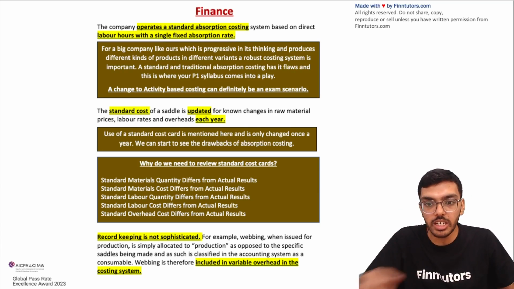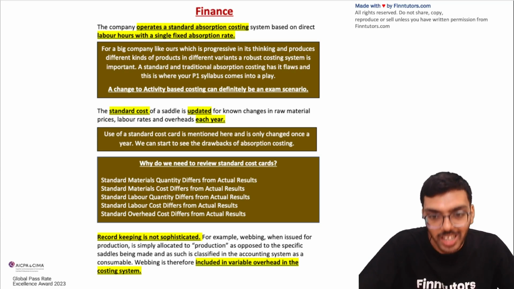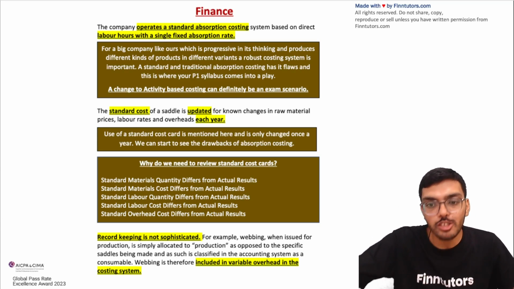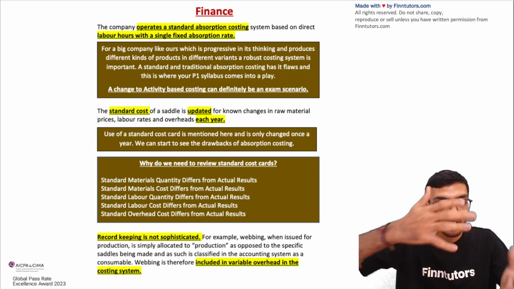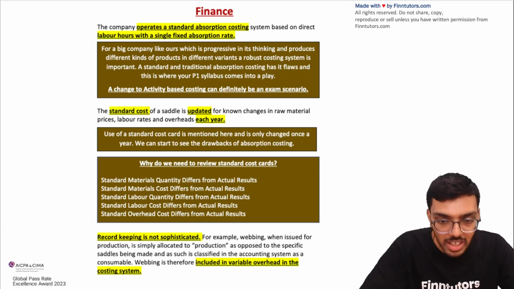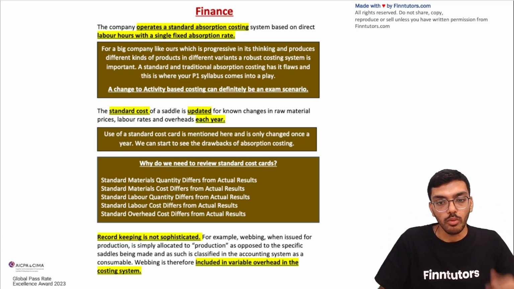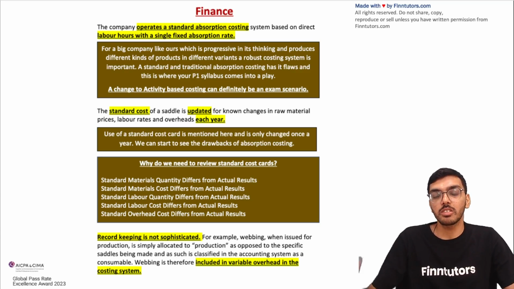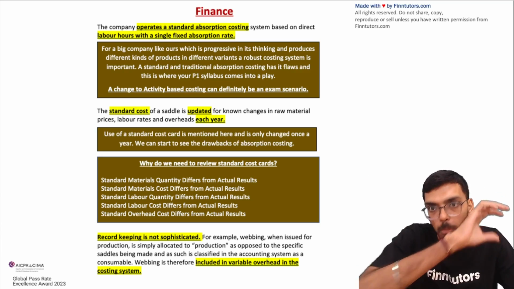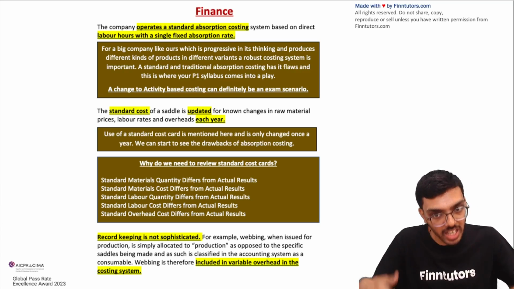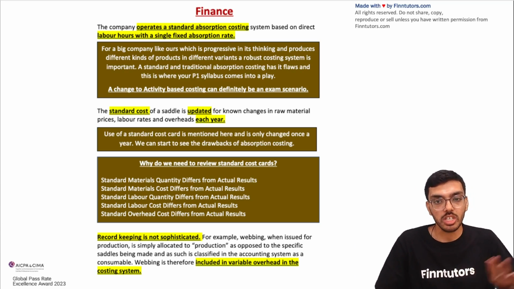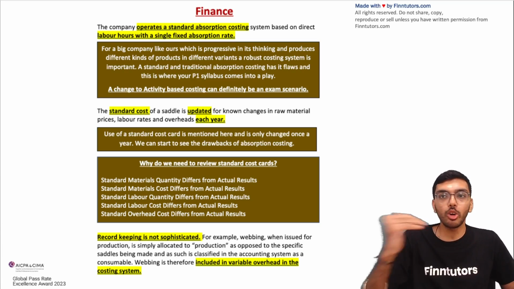It's not divided into, let's say, setup, or inspection, or cutting. Nothing like that. So it's not very sophisticated. Webbing is therefore included in variable overhead in the costing system. So there is no bifurcation of the overheads. This is again a drawback of the absorption costing system. There is no breakdown of the fixed overheads.